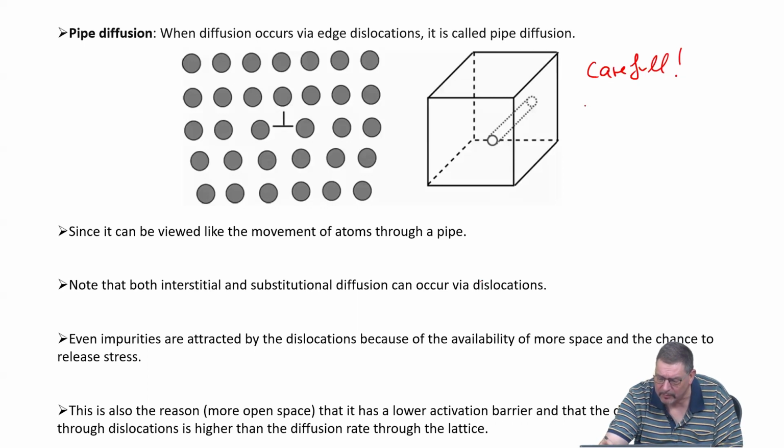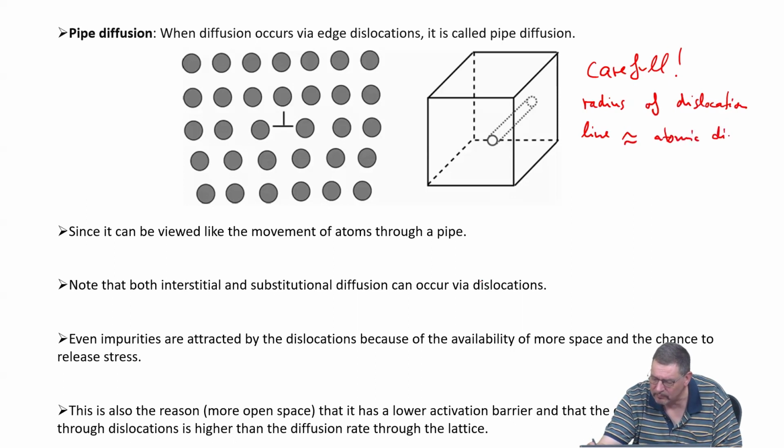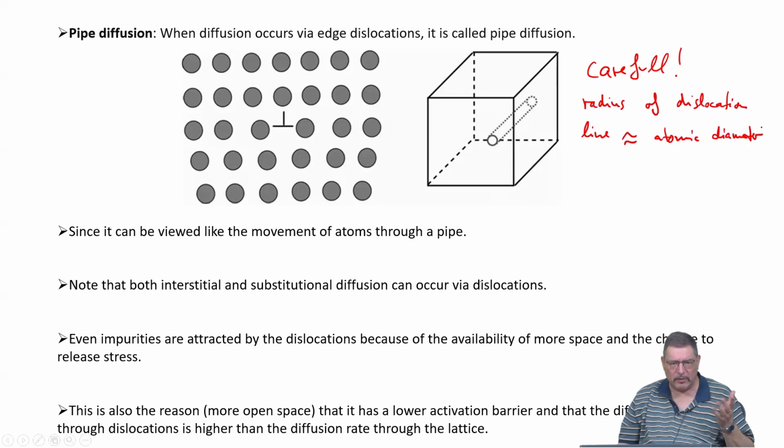The radius of a dislocation line is about the same order of magnitude as the atomic diameter. So it's bigger, but it's not much bigger.